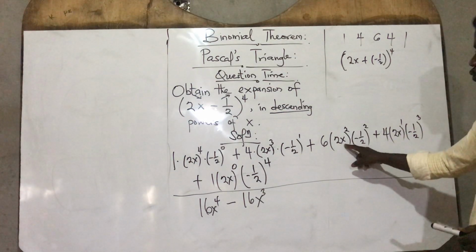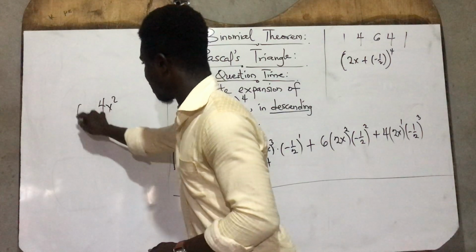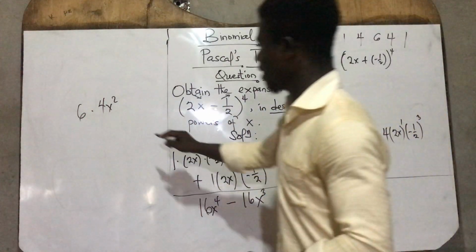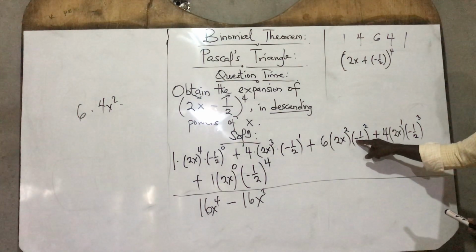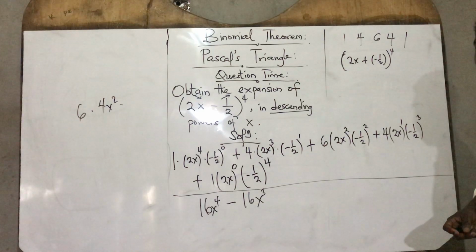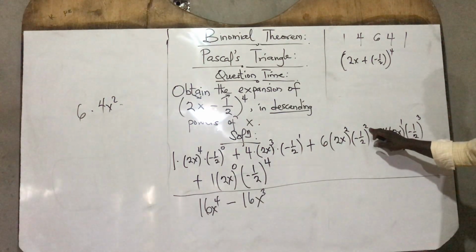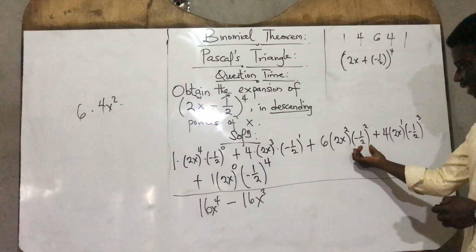This one. 2x all squared is what? 4x squared, right? So 4x squared times 6, right? Then times. This 2 is an even number, so it takes off the negative. If it is an odd number, the negative still remains. But if it is an even number, it takes off the negative, because it's affecting the bracket.